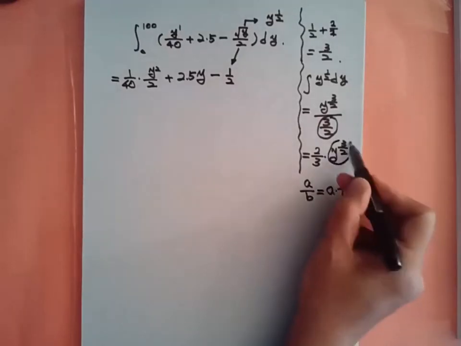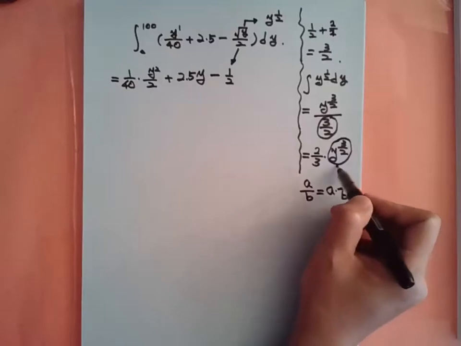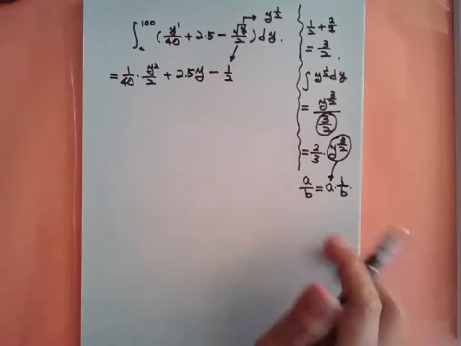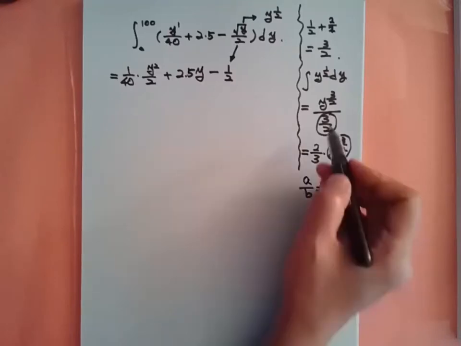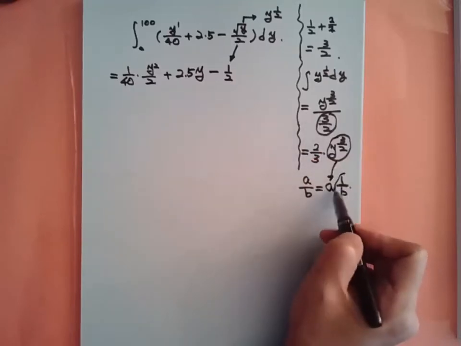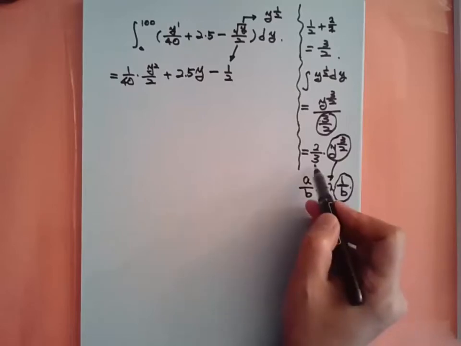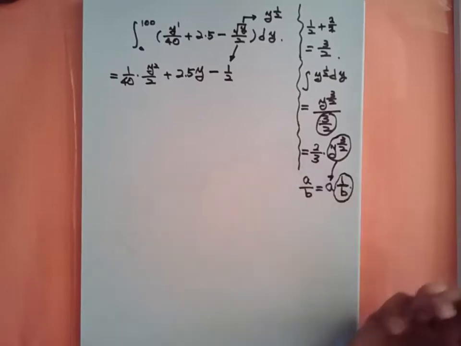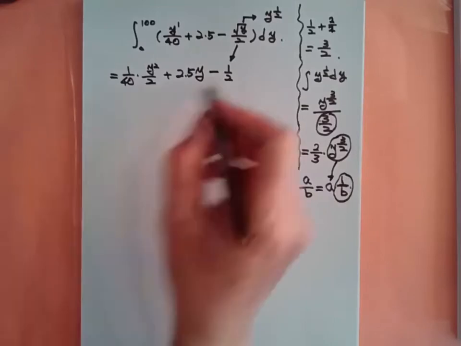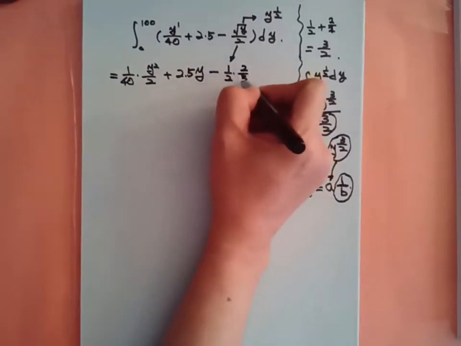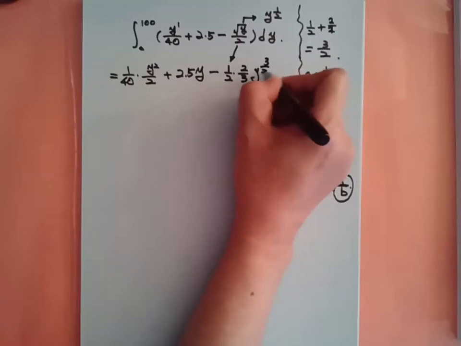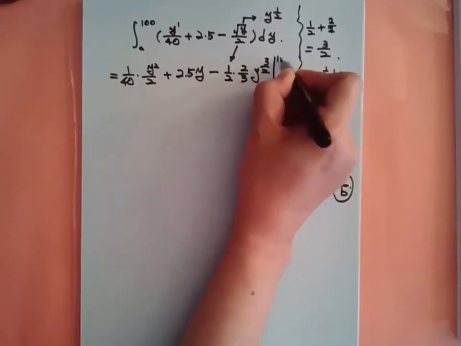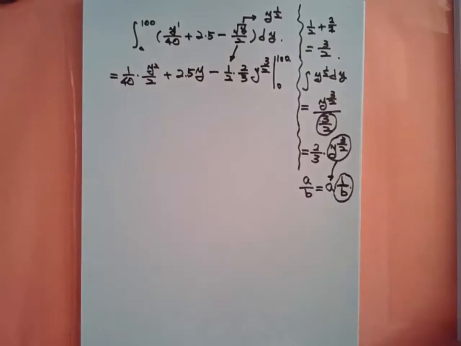So this one stays the same, and if you multiply these two together, the denominator should be multiplied with the reciprocal. So it becomes 2 over 3, times 2 over 3, y to the 3 over 2 from 0 to 100. Any questions so far?